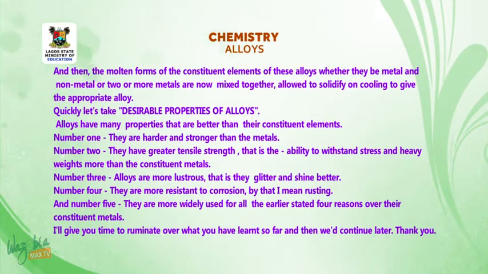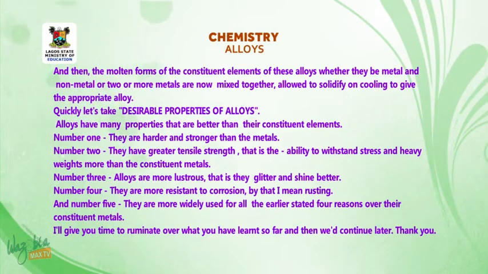Quickly, let's take desirable properties of alloys. Alloys have many properties that are better than their constituent elements. Number 1, they are harder and stronger than the metals. Number 2, they have greater tensile strength, that is, the ability to withstand stress and heavy weights more than the constituent metals.